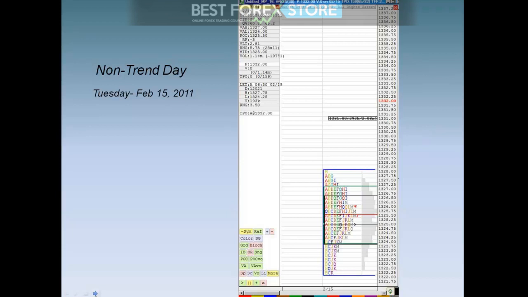Now we also need to look at the profile as it's developing and learn to associate the volume developments with the actual profile development itself. Now, each of these, as everyone knows by now, each of these letters is a half-hour increment, and by the end of that half hour, you should have a very good idea about the flow of volume, how volume flowed during that first half hour.